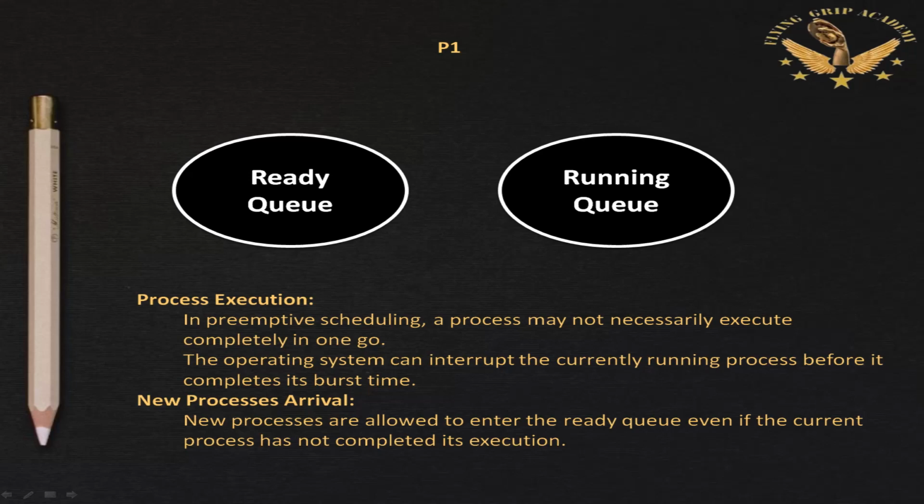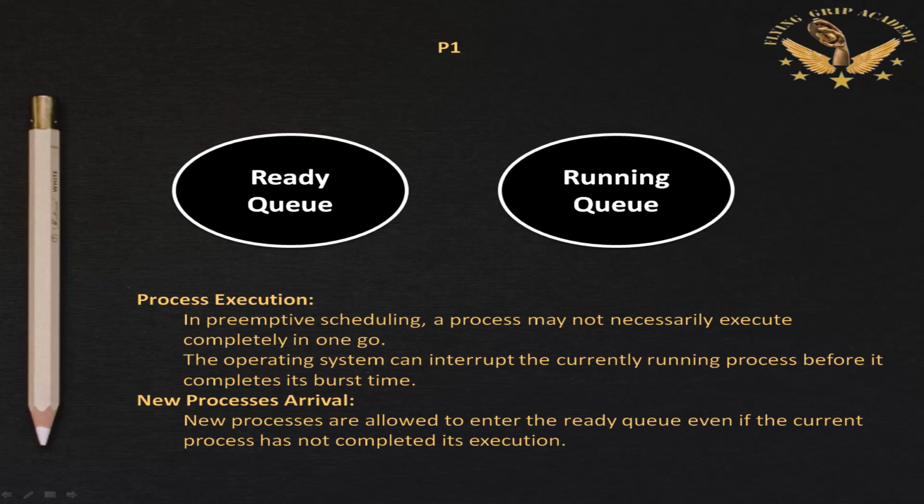In preemptive scheduling, a process may not necessarily execute completely in one go. The operating system can interrupt the currently running process before it completes its burst time. New processes are allowed to enter the ready queue even if the current process has not completed its execution.